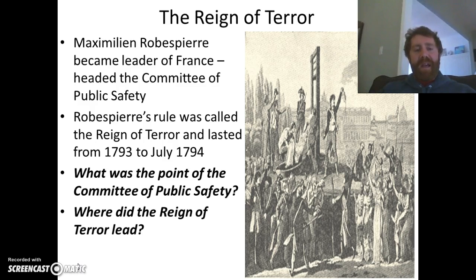I said that he headed the Committee of Public Safety, and the whole point of the Committee of Public Safety was to protect France from its enemies.